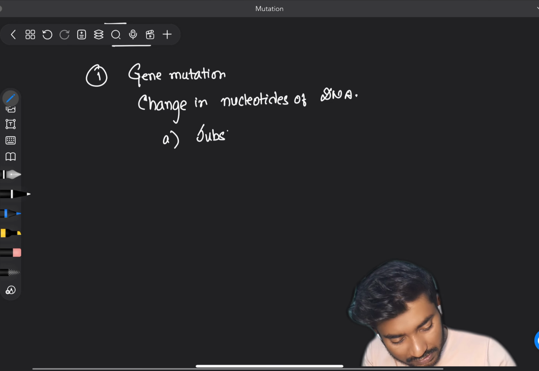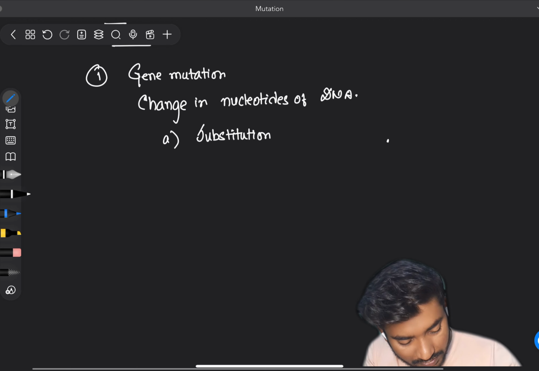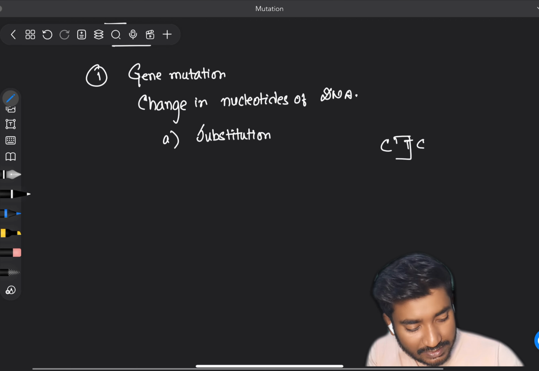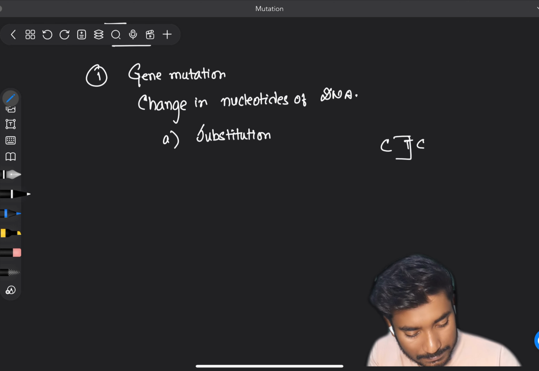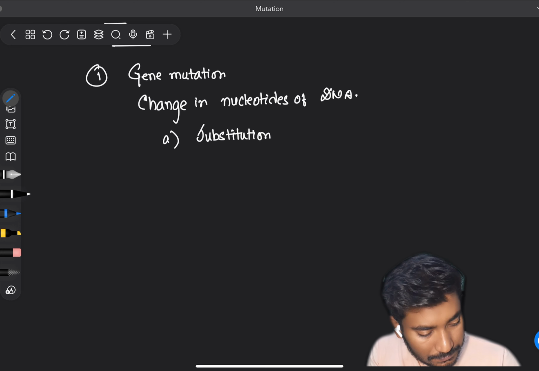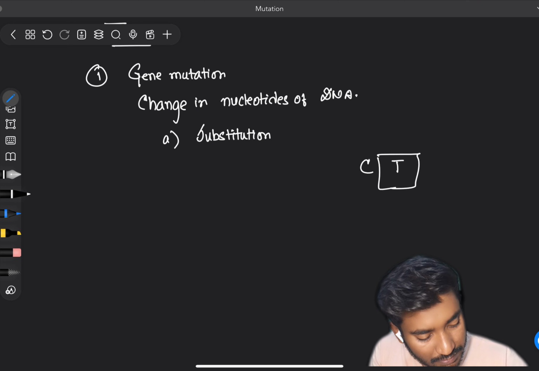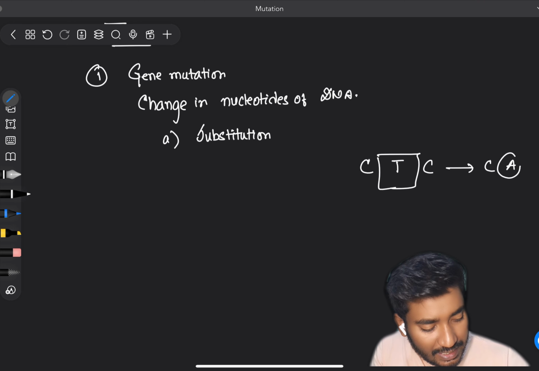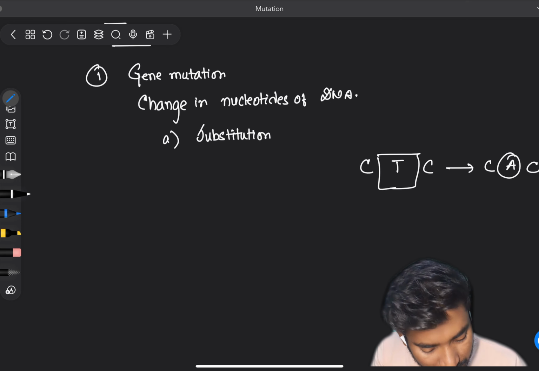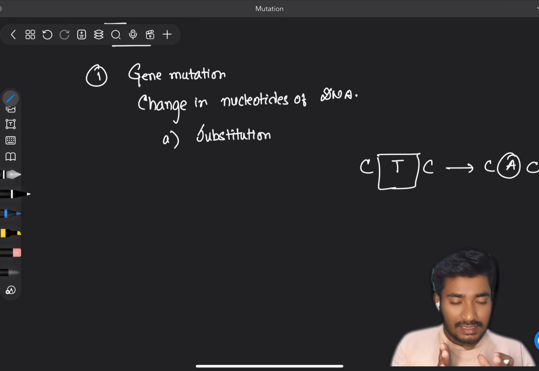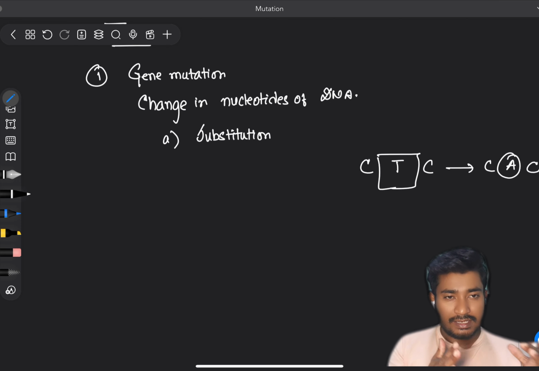A substitution: if it is CTC and it is changed into CAC, what happens? The T is replaced by A, that is, thymine is replaced by adenine.